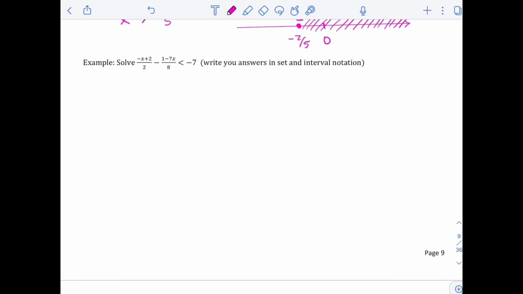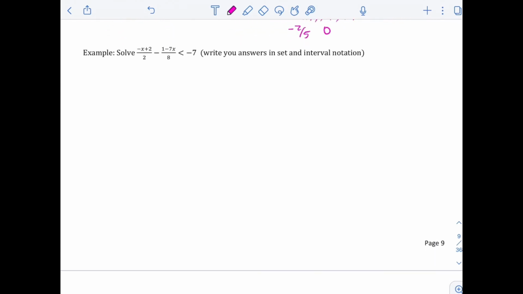Now when you have fractions, it's required that you clear the fractions. With 2 and 8, 8 is the least common denominator. Let's multiply everything by 8.